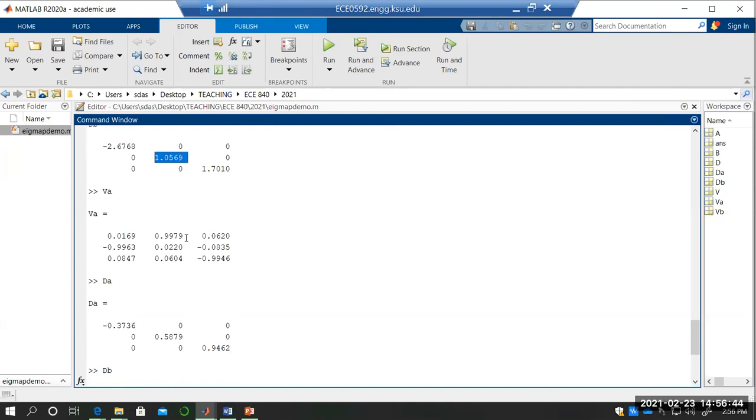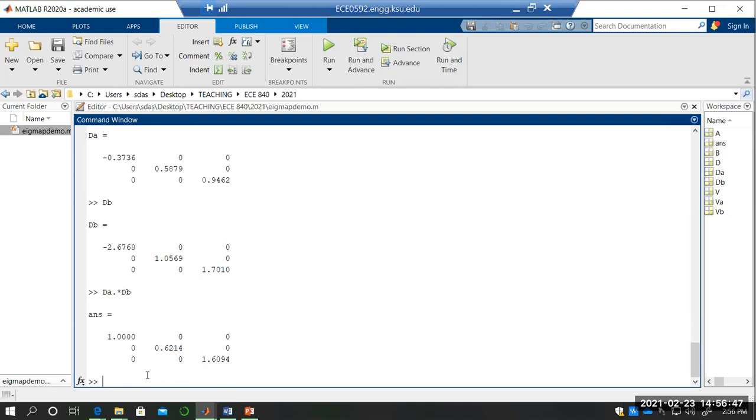So 1.05, okay, let's do this. This is dA, right? And for dB, let me swap the second and the third eigenvalues. So temp equals dB(3,3).